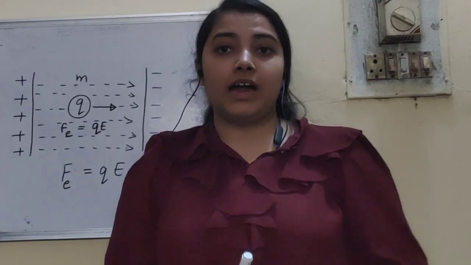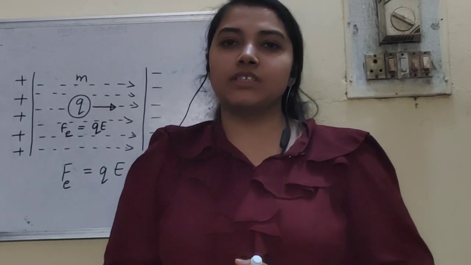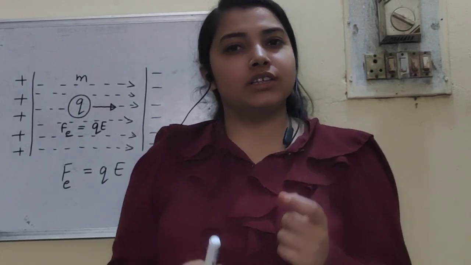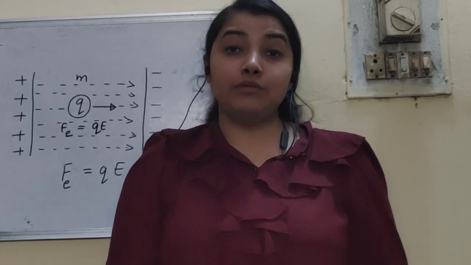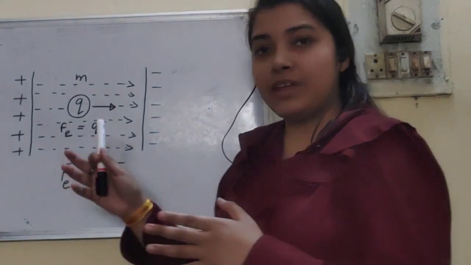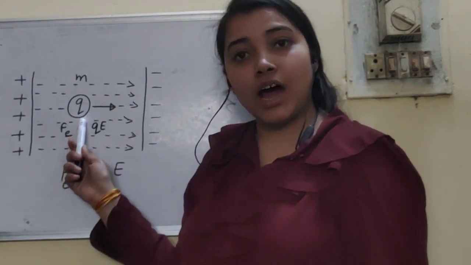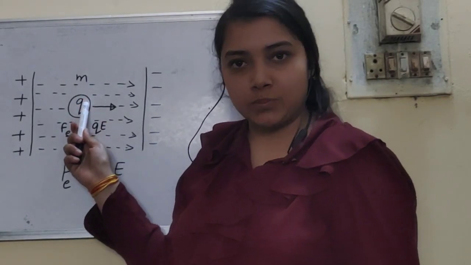So before understanding the construction and working of cyclotron, let us first understand how the charged particle behaves when it is present in electric field and when it is present in magnetic field. So here we have a charged particle having charge plus q and mass m. M is the mass of the charged particle.